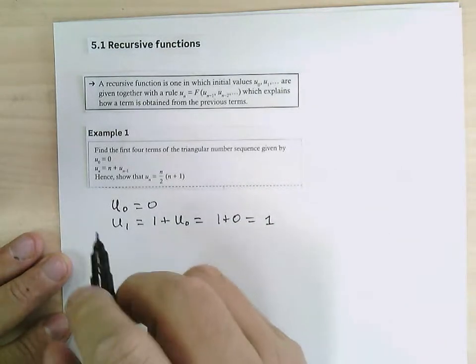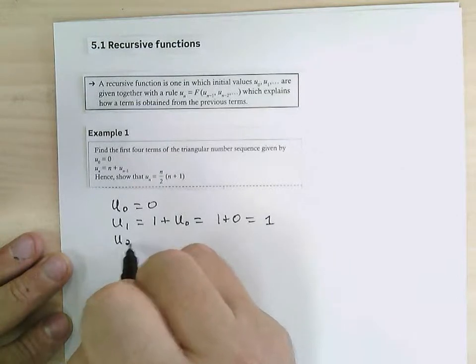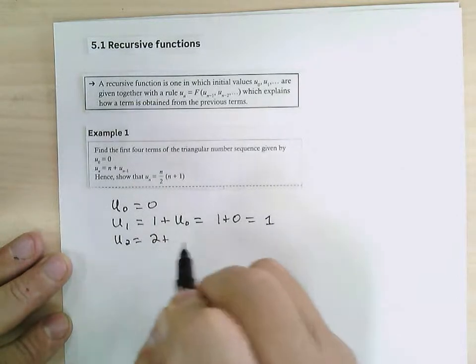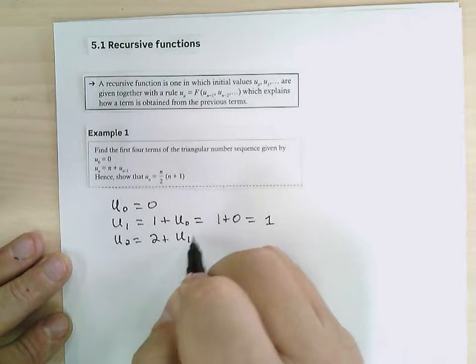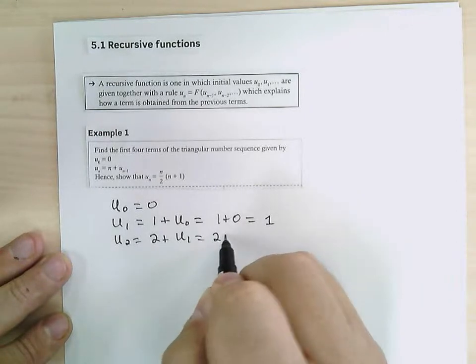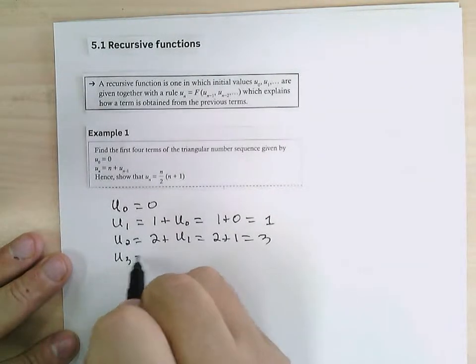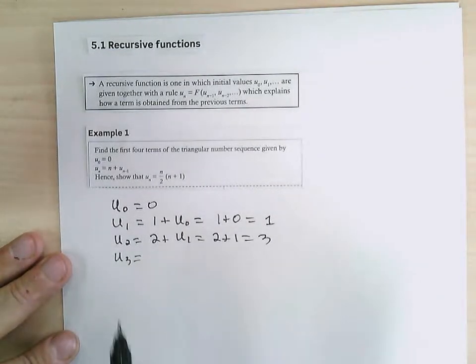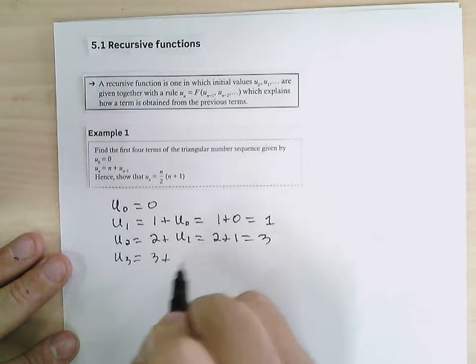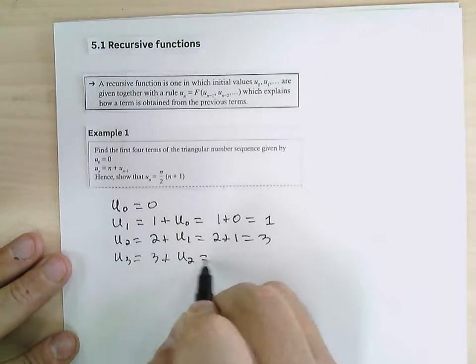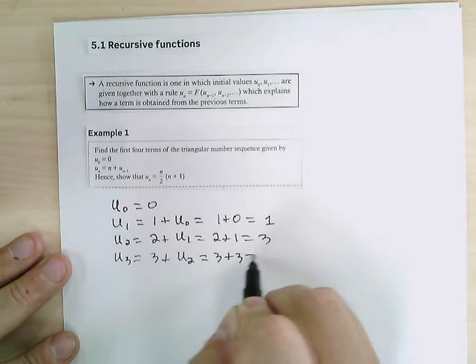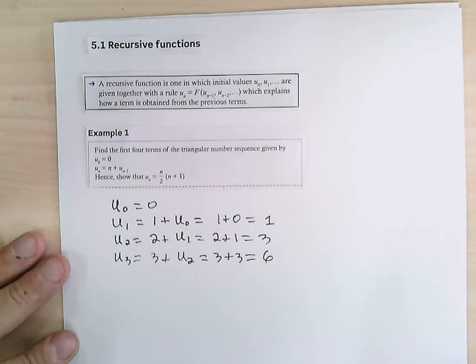And then u of 2 is going to be 2 plus, 2 minus 1 is 1, u of 1, and then we go 2 plus 1 is equal to 3, and then u of 3, which is equal to 3 plus u of 2, which is 3 plus 3, which is equal to 6, and so on. So those are the first 4 terms.